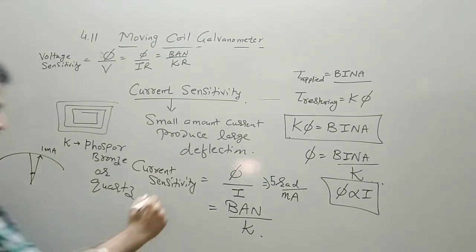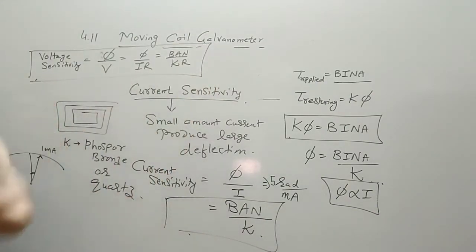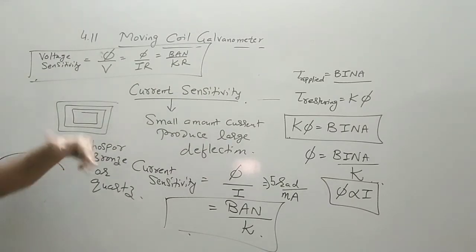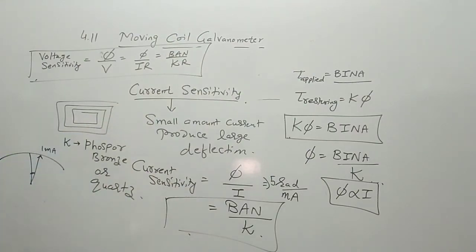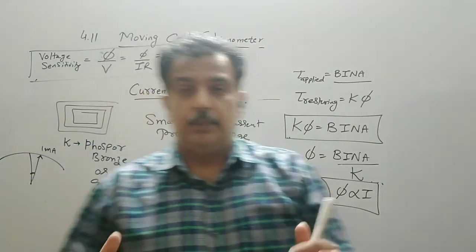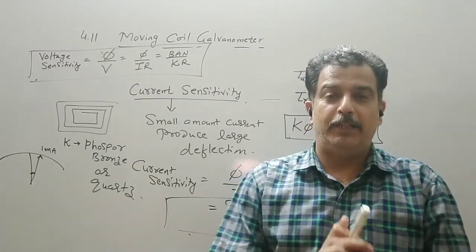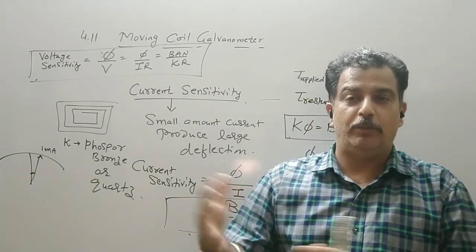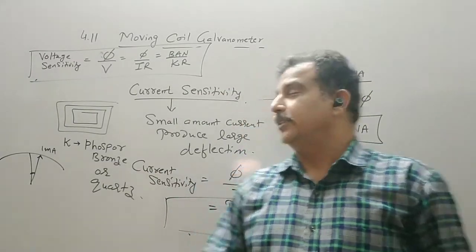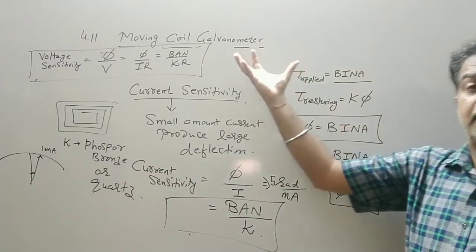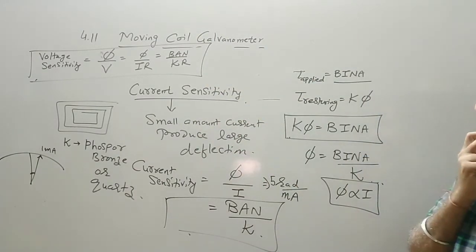So these are the two formulas which are helpful to us in the next topic, that is, a galvanometer can be converted into an ammeter and voltmeter. Ammeter is used to measure the current and voltmeter is used to measure the potential difference between any 2 points in the circuit. So this galvanometer can be easily converted into an ammeter and voltmeter.